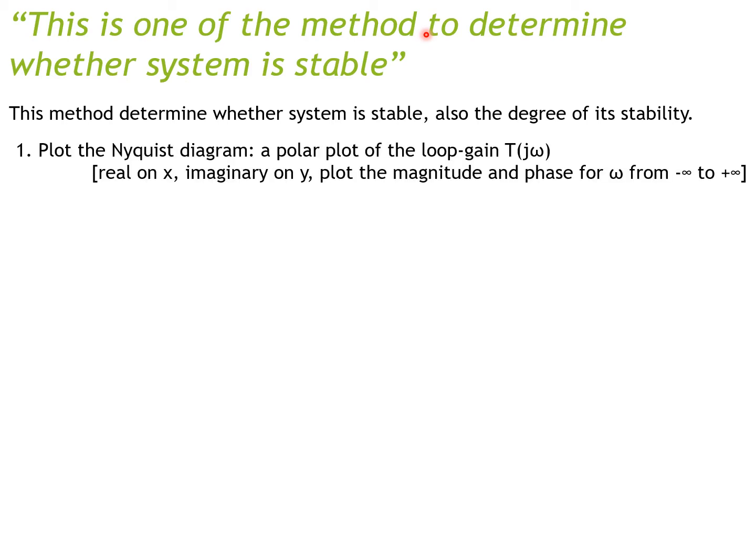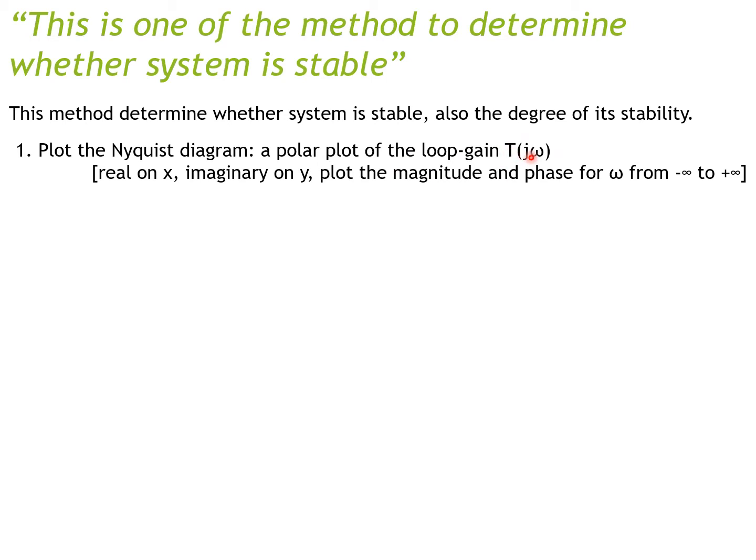that stability. So today we will go through the process. First we need to plot a diagram called the Nyquist diagram. It's nothing fancy. It's basically a polar plot of the loop gain.